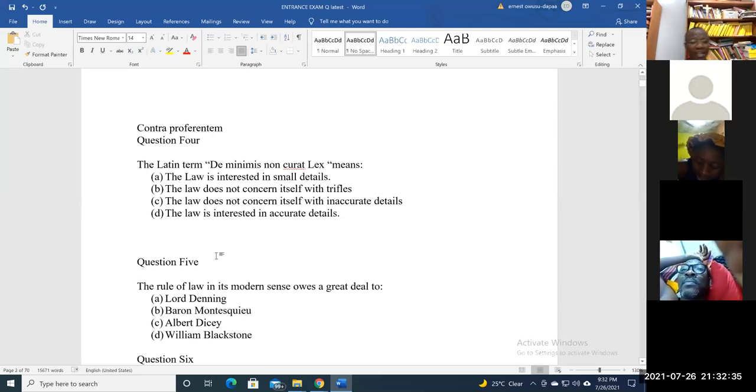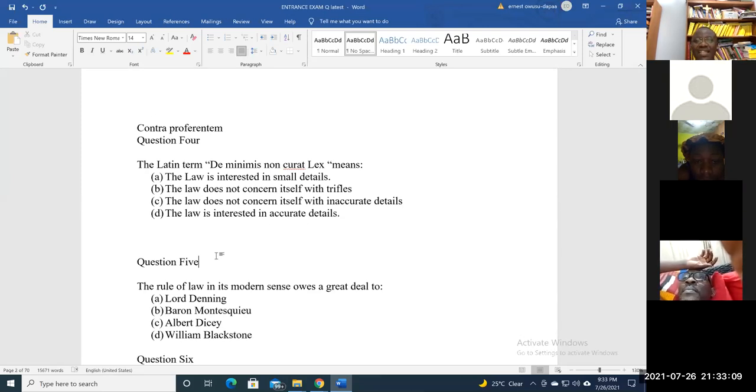Okay, so question 5: the rule of law in its modern sense owes a great deal to. This is another type of challenging question, whether you know it or you don't. It requires you to have taken your constitutional law and Ghana legal system and legal method seriously. So the rule of law, in the modern sense, owes a great deal to A, Lord Denning.